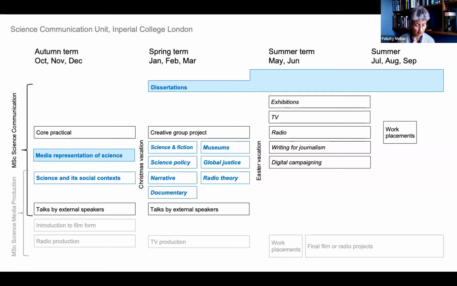Now, for the topic that we're interested in today, teaching research skills, one thing that might immediately strike you in this diagram is that there's no box saying research methods. So we don't have any very explicit teaching of research methodologies.